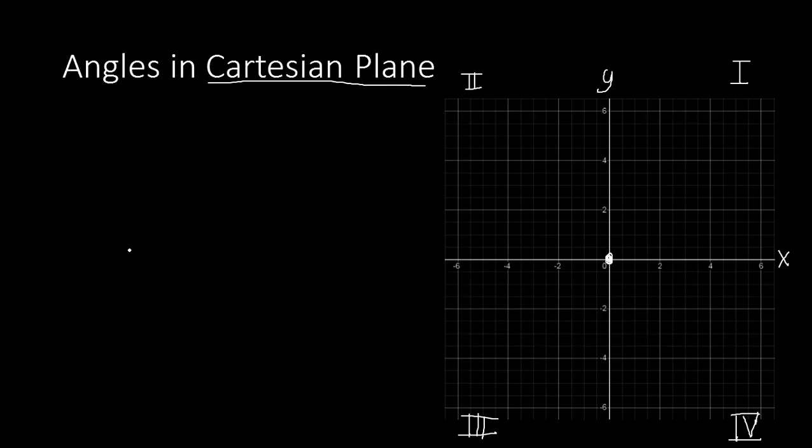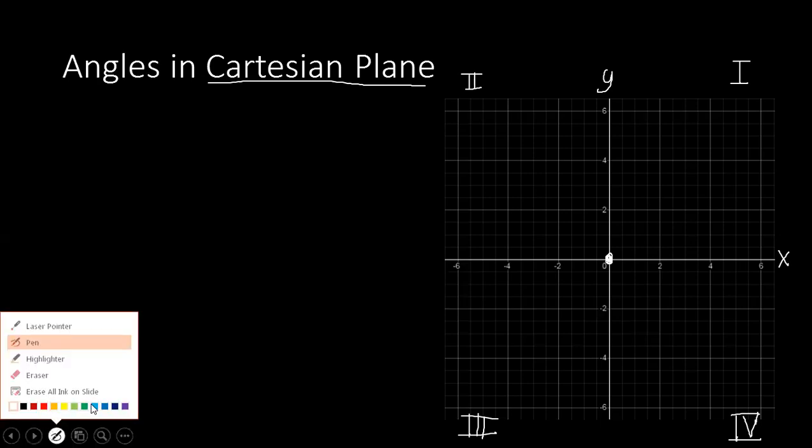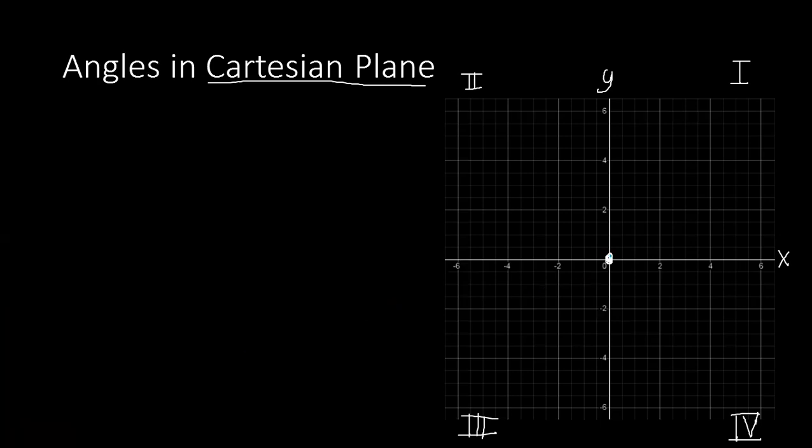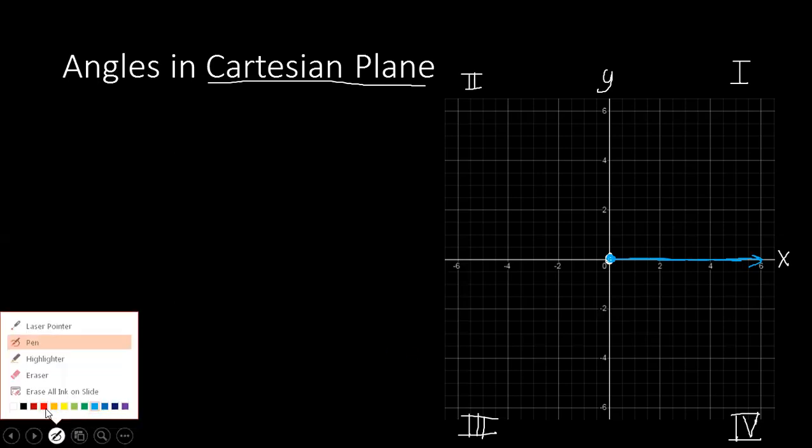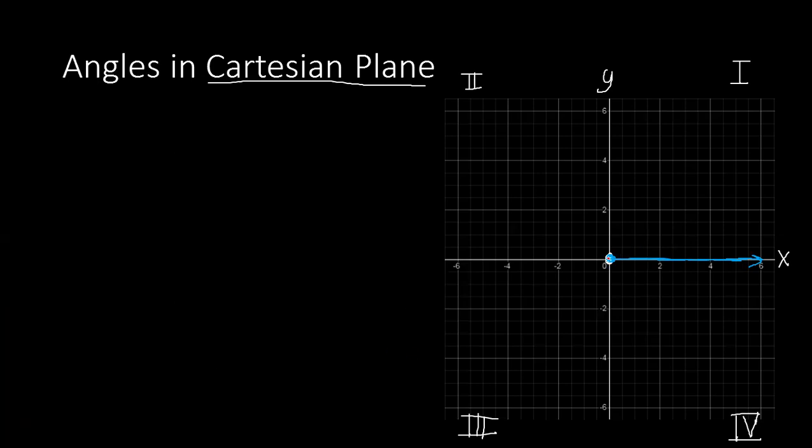Then we have the second reason, which is the rotation. Let me draw the two sides. We have the blue ray, which is the initial side. Then we have the red ray, which is the terminal side. And remember, no matter how far apart, they will always form an angle.